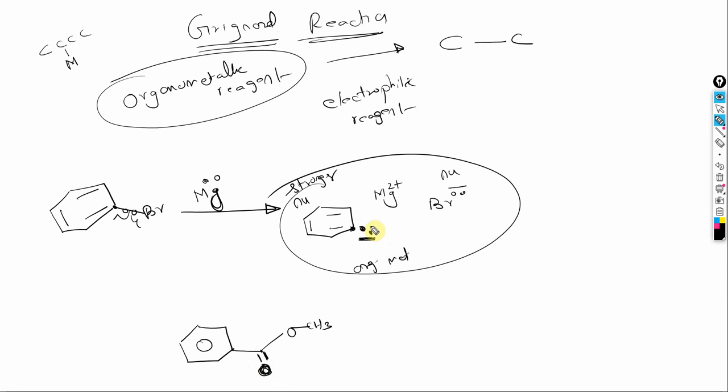So when this carbanion donates electrons to the carbonyl carbon, this carbon already has 8 electrons, so 1, 2, 3, 4, 5, 6, 7, 8, and it cannot accept those electrons until it lets go of the pi bond to the oxygen. And therefore what happens is you now end up making a carbon-carbon bond.